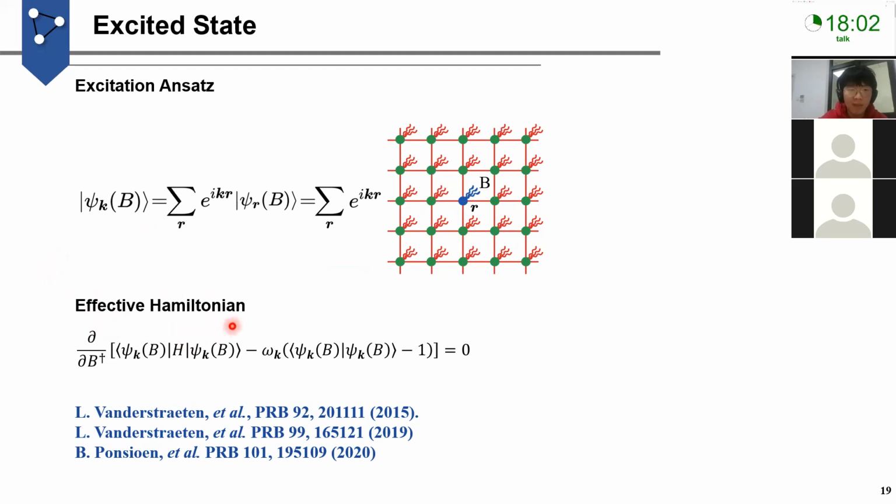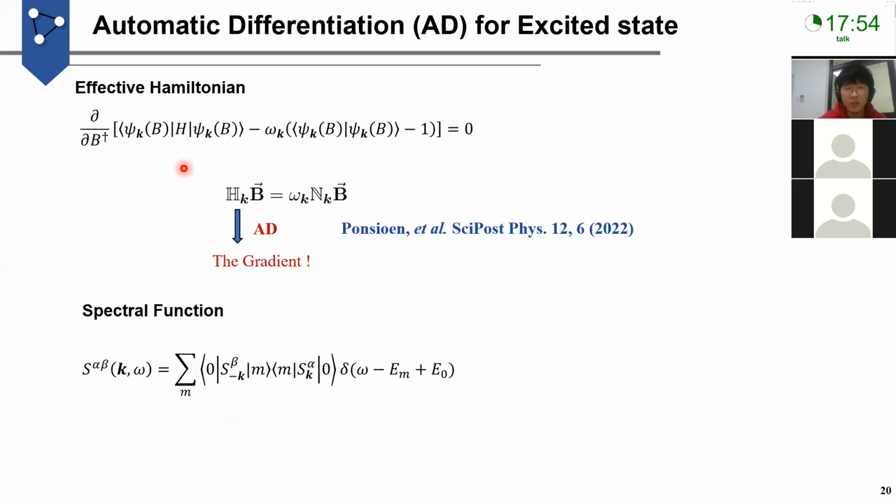The effective Hamiltonian is composed through the excitation ansatz overlapping with the Hamiltonian. The difficulty in this method lies in that the overlap between the ansatz and the Hamiltonian needs a threefold sum over all the lattice sites, and it's difficult to do through conventional methods.